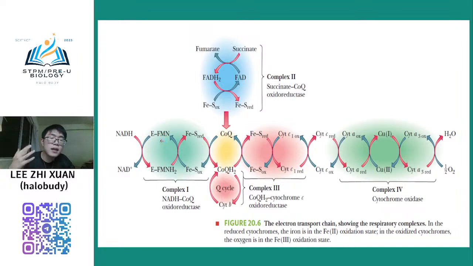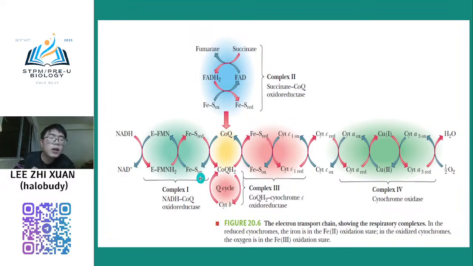So once the FMN release the electron, it will undergo reduction, right? Dia akan undergo reduction to form FMNH2, hydrogen gas. Ada tambah hydrogen lah, kerana dia ada receive electron, right? Electron and also hydrogen. After that, this FMNH2 will be oxidized back to FMN. Dia akan oxidize again back to FMN, but then if got oxidation, it will release electron, right?